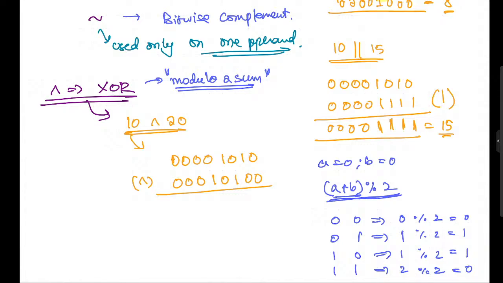So you can remember that if they are the same, it would be 0, and if they are not the same, it would be 1. If you remember that this is a modulo 2 sum, that's it. You first take the sum of the values, and then apply modulo 2 on top of that. You'll get the answer.